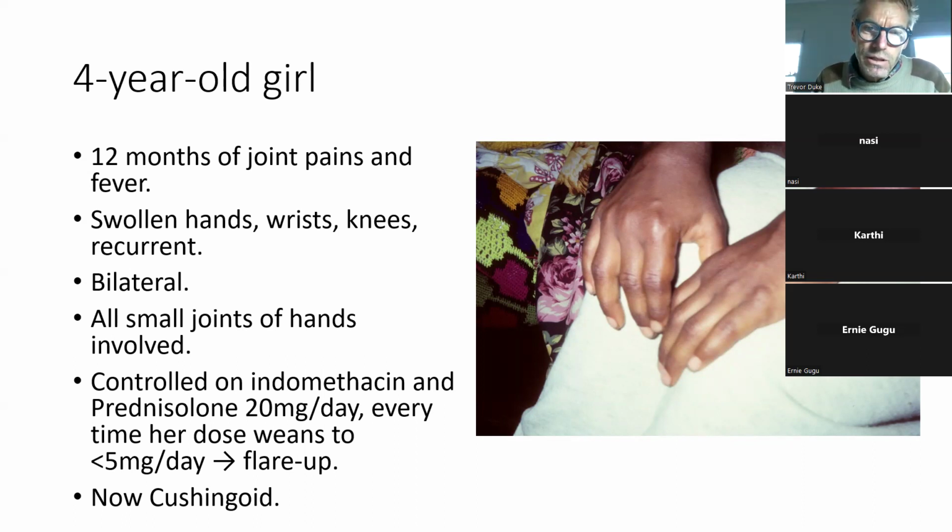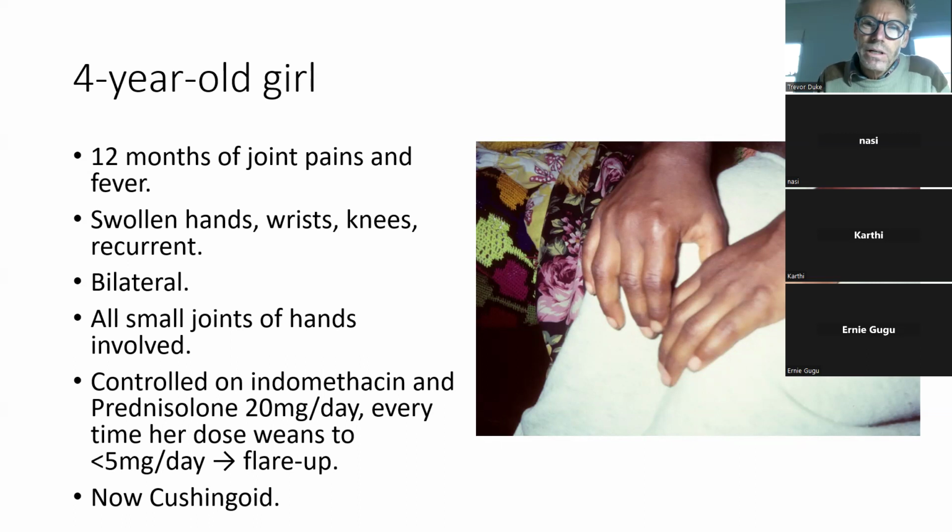And she was quite well controlled if she took her indomethacin regularly, and if she was on prednisolone 20 milligrams a day. Every time we'd try to wean it down, when it got to less than 5 milligrams per day, I'd sometimes try to wean her to second daily prednisolone, and then she'd get a flare up of her arthritis.